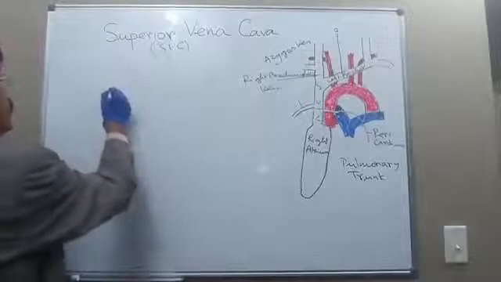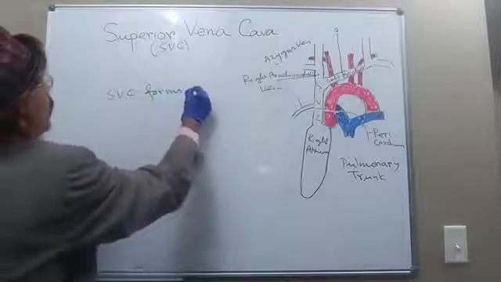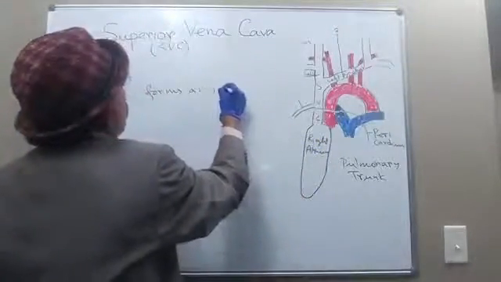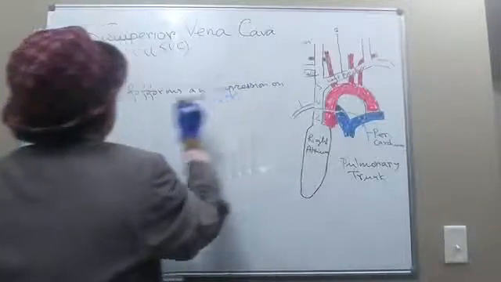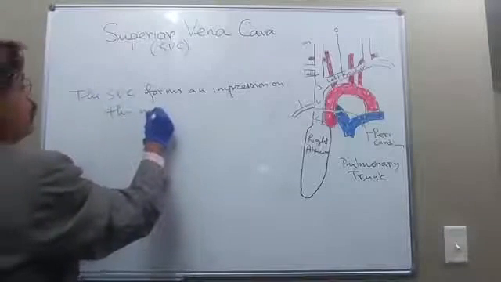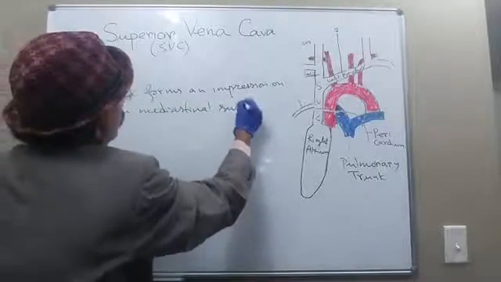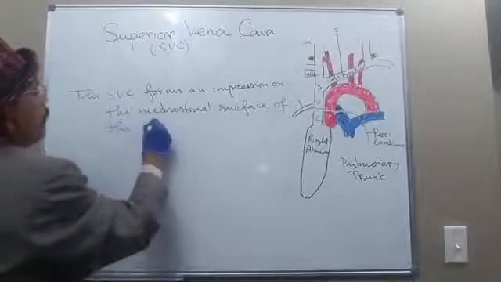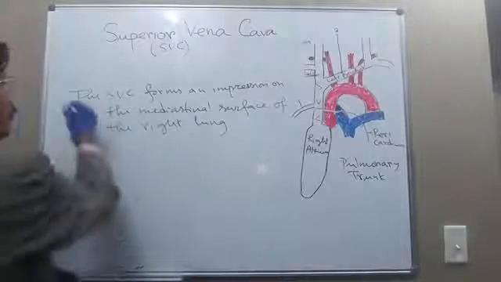Okay, we can say SVC forms an impression on the mediastinal surface of the right lung. Okay, we got one.